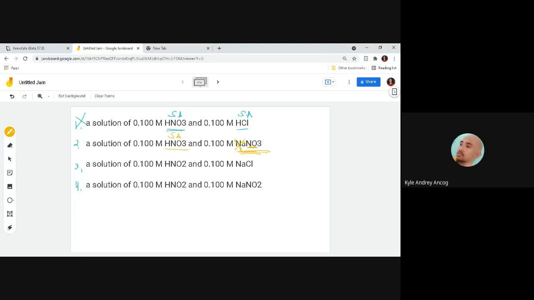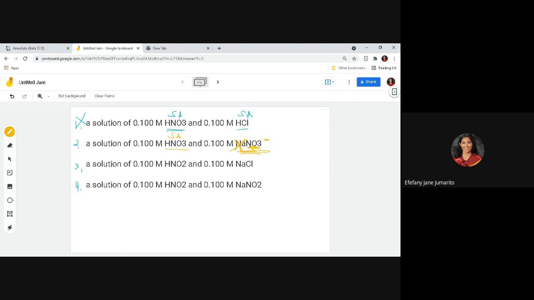When you react that, you can delete or cross out the sodium because it's a spectator ion, meaning it is in the reaction but does not participate. So we have sodium nitrate, and this is the conjugate base.